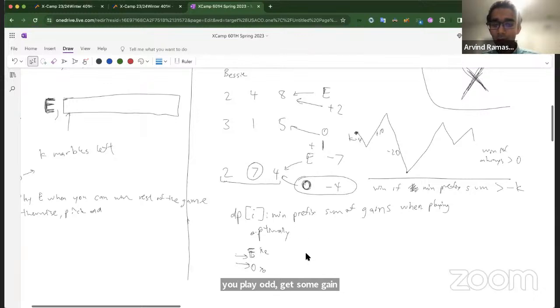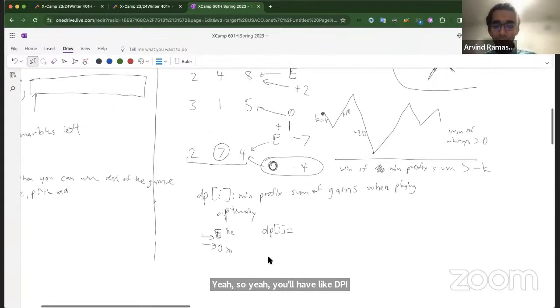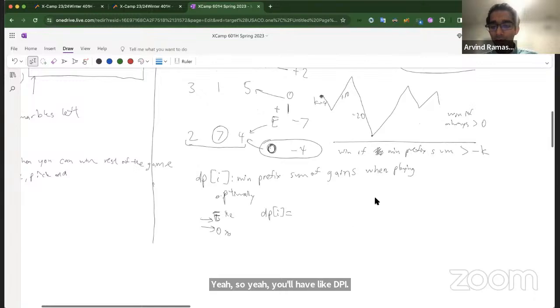So you'll have dp[i], and xe, or basically your delta, could be negative or positive.